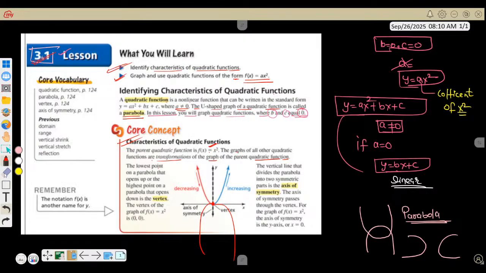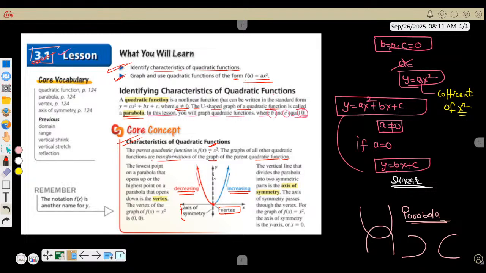Okay, so in this figure, this point is called the lowest point, and if your graph is going upward, then this is increasing and this is decreasing. It means from the left side the graph comes like this, and after 0 the graph starts increasing. This lowest point is called the vertex, and this line is called the axis of symmetry.